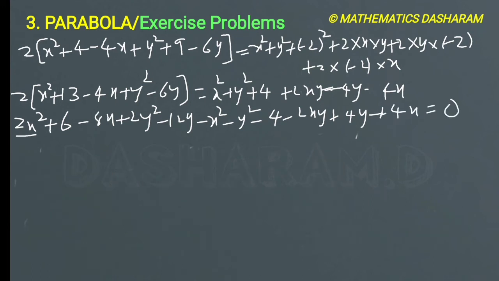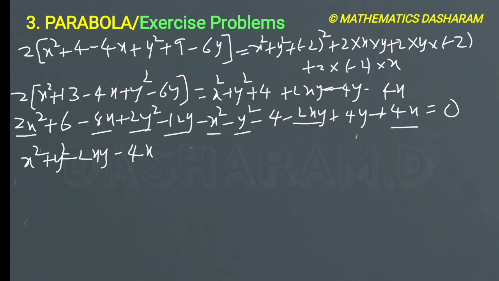So here 2x square minus x square is x square, next 2y square minus y square is plus y square, next minus 2xy, minus 8x plus 4x is minus 4x, next minus 12y plus 4y is minus 8y, next.